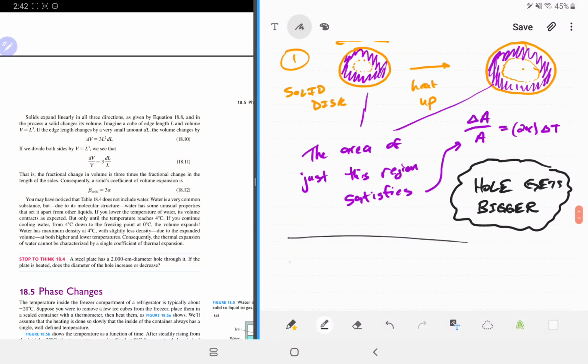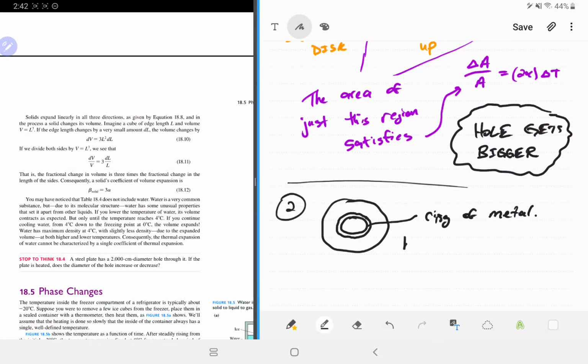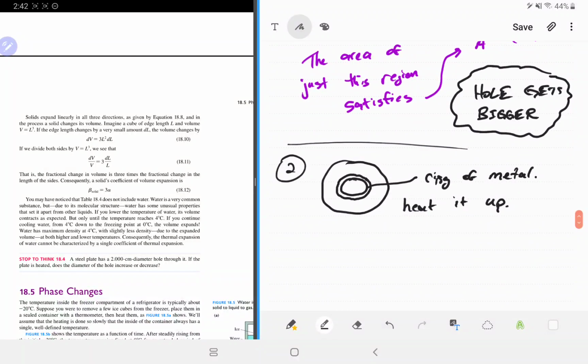Another way you might want to think about it: we have this hole right here, so imagine you just had a ring of metal, and we heat it up. What happens to the length of that ring?